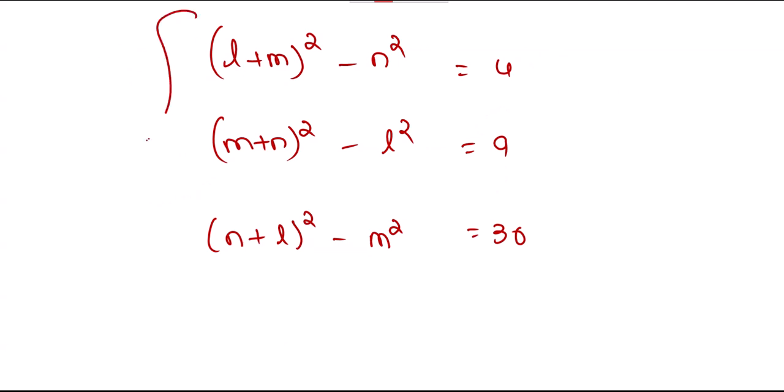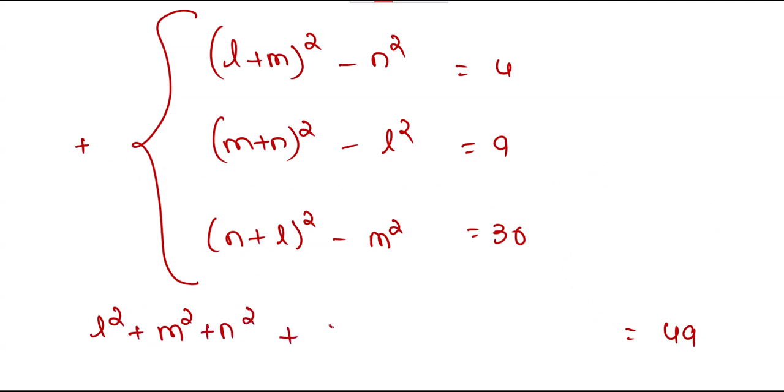Now, if you add the left hand side, expansion if you do, L square plus M square plus 2LM, and one L square will cancel, other L square will be available. If you add the entire left side, right side adding gives 49, left side adding will be like L square plus M square plus N square, plus 2LM, 2MN, 2LN, like A square plus B square plus C square plus 2AB, 2BC, 2CA. So L plus M plus N whole square is nothing but equal to 49.